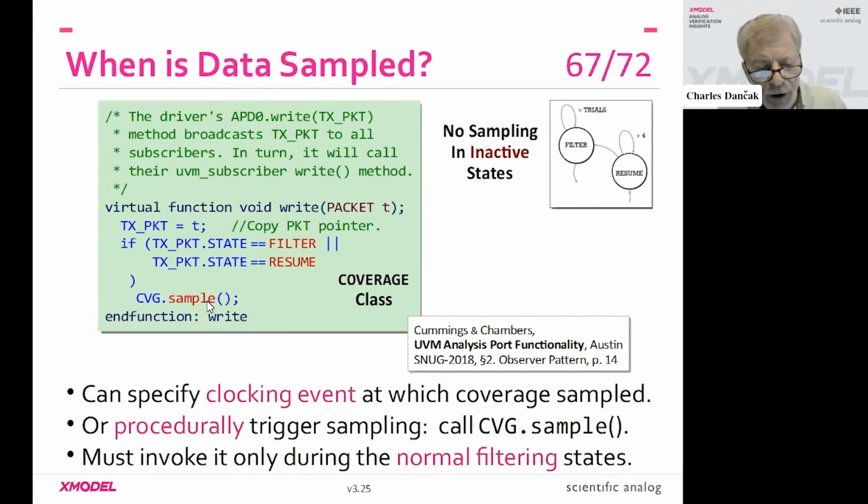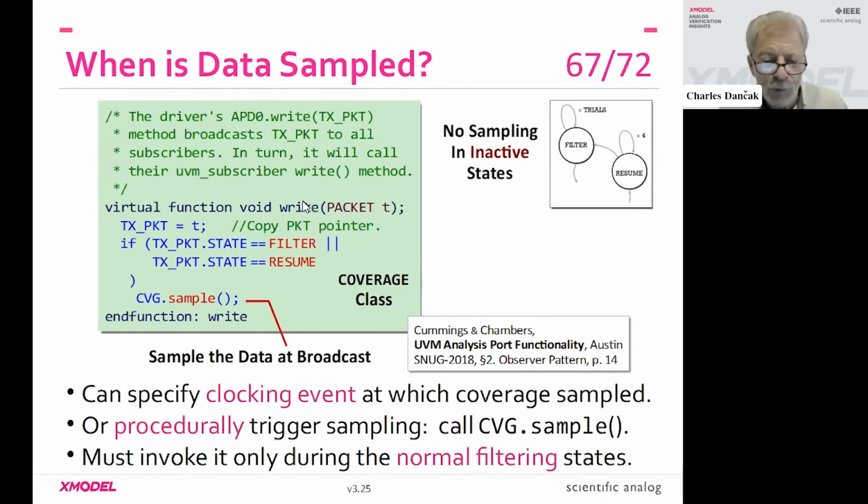We chose a finer means of control: we procedurally trigger the sampling by calling this built-in sample method only under certain conditions. After all, we want to compile coverage metrics only during the normal filter operation states, filter and resume, not in bypass or wait. And so we have this handy write function.